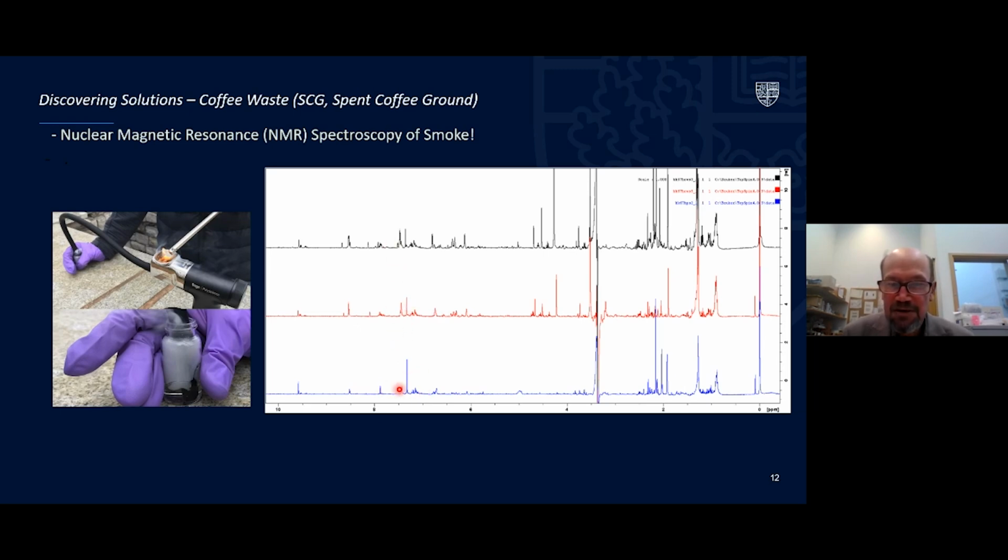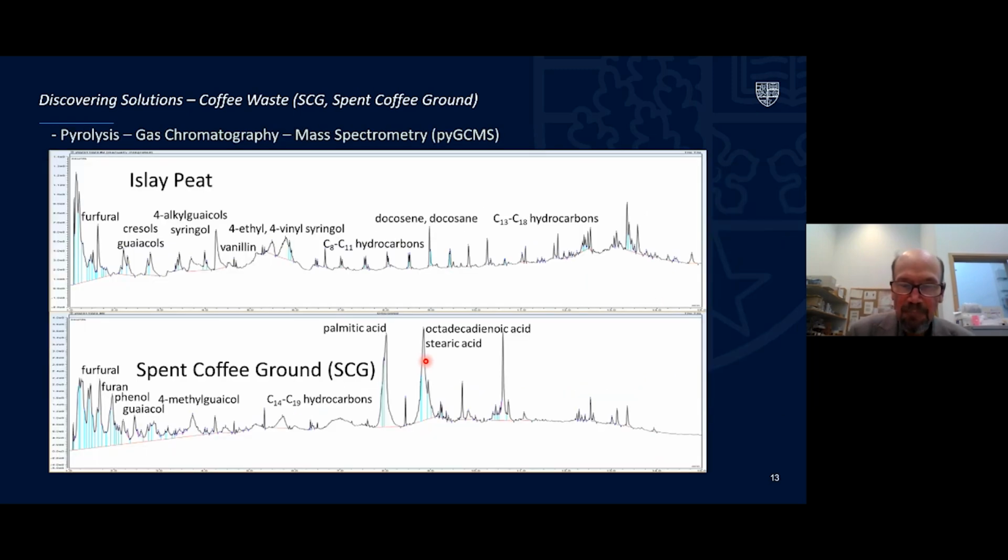And you can see now there's starting to become a little bit more action in this peat spectrum, because we're cracking the peat now. We're actually burning it, so we're generating these smoky phenolics, and you can see that there's also evidence of them in the other two spectra as well. So maybe we're on the right lines here. Maybe we could get these compounds out of coffee if we investigated it further. So this is another technique, and this is what's known as pyrolysis GCMS.